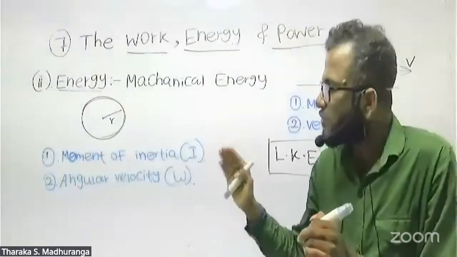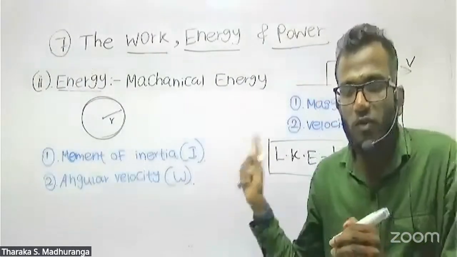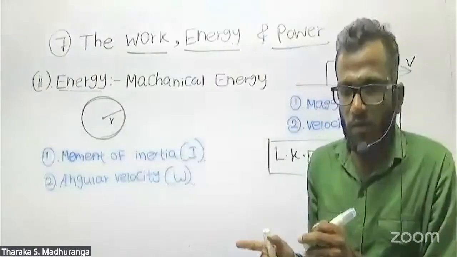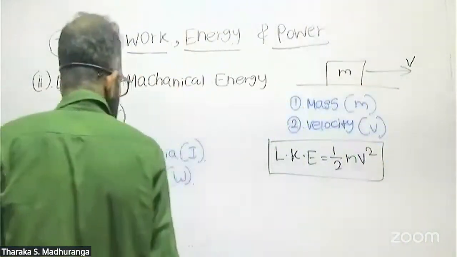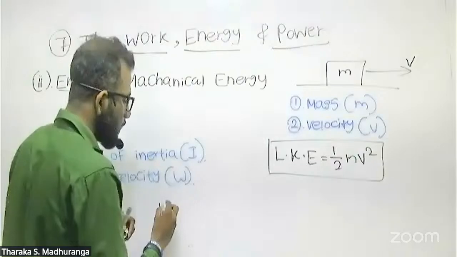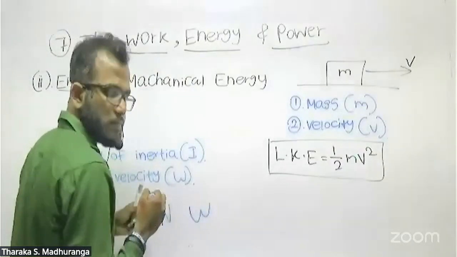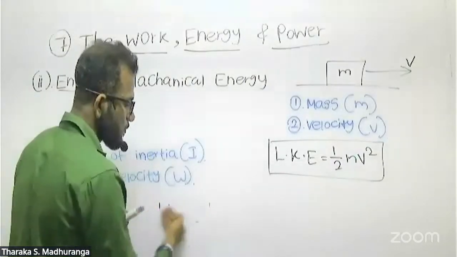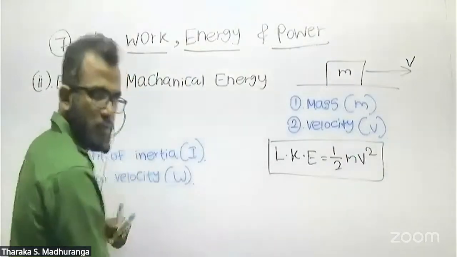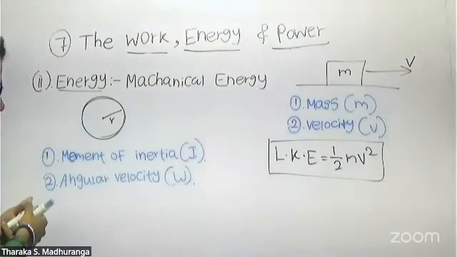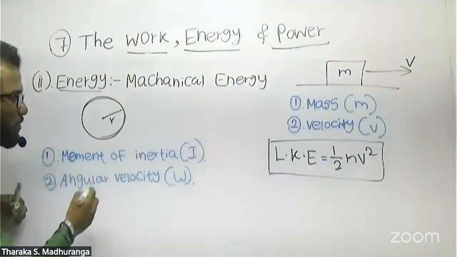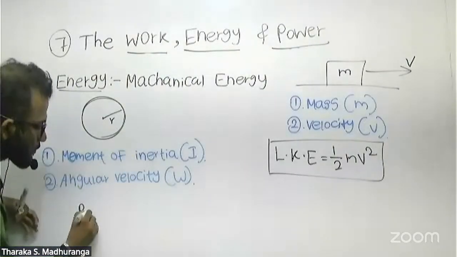The next one is angular velocity, that is omega, not w. Omega, that's a Greek letter. The w is like this. It is w. The omega looks like this. Omega. Then we can get the equation for rotational kinetic energy.